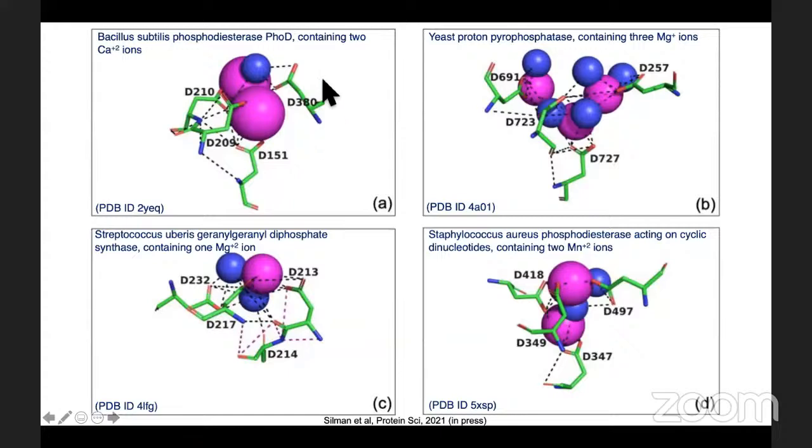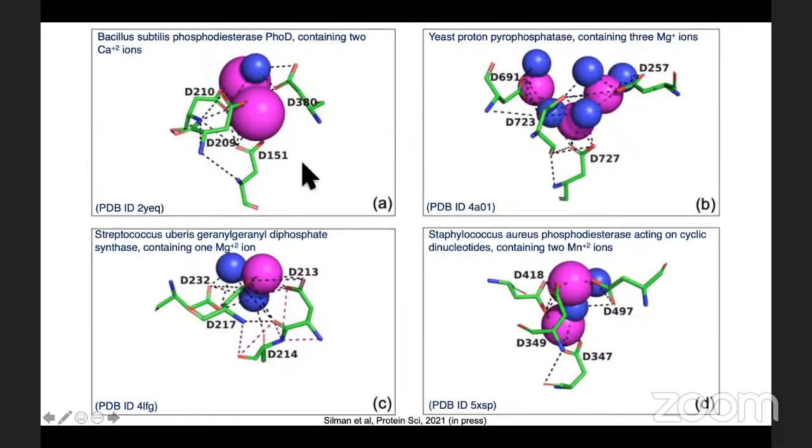And because that arrangement seemed interesting, they did an ASEM search to find other examples of occurrences where you can find four aspartic acids quite close together. And they were able to find these four different examples in different organisms doing slightly different things.